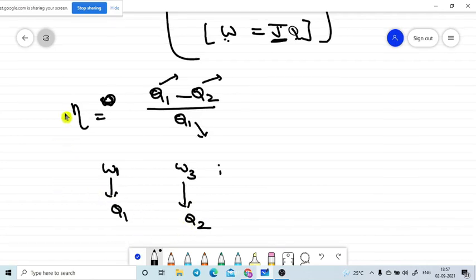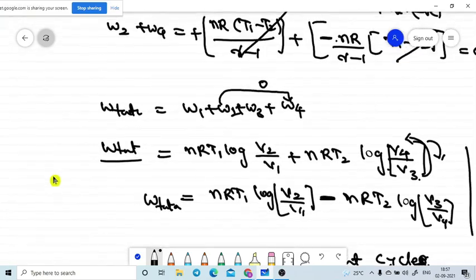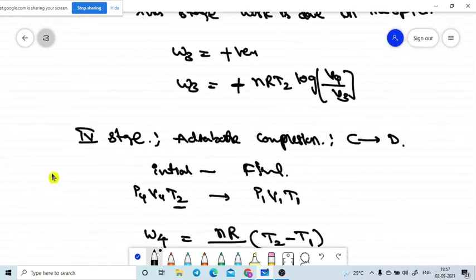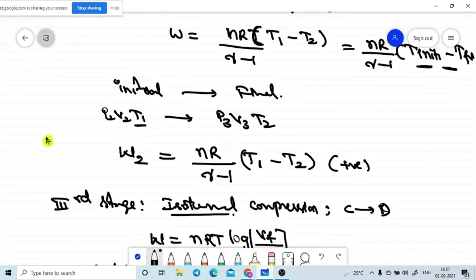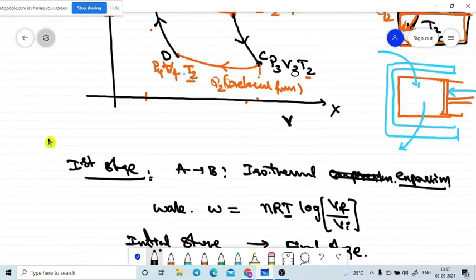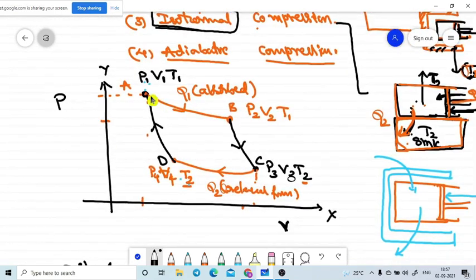See this one, see the diagram. Will you please look at this diagram here? Here we are doing the work. We calculated W1 in this process, and we said that Q1 amount of heat energy is absorbed in this one. We calculated W3 in this process, and we said that Q2 amount of heat is released in this process.